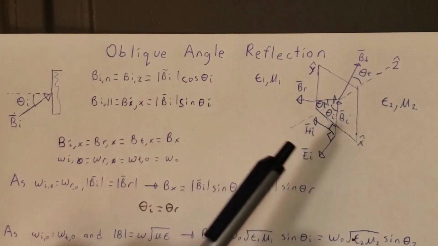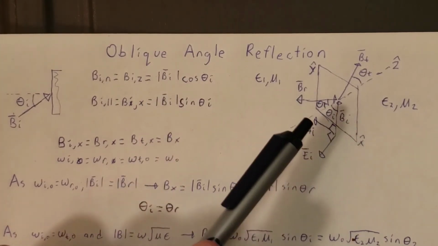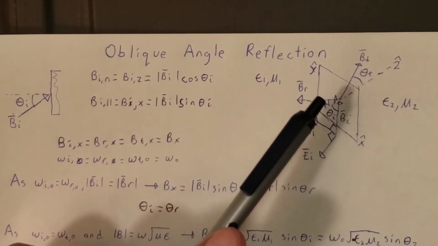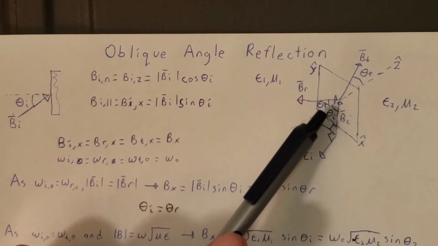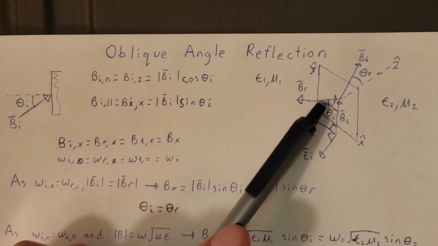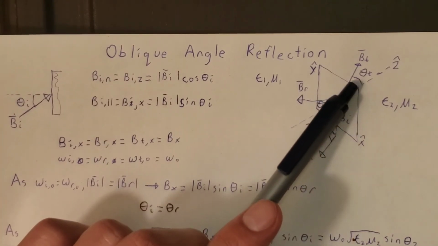Another new thing with this model is that the direction of propagation for the reflected and the transmitted waves are also going to be angled, with the reflected one having an angle of theta r, and for transmitted, theta t.